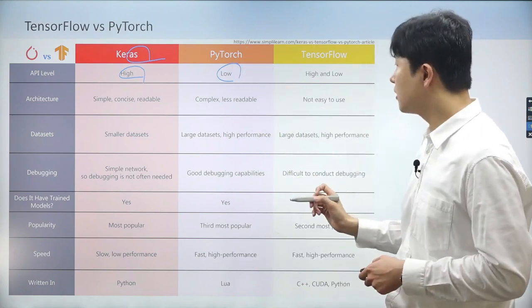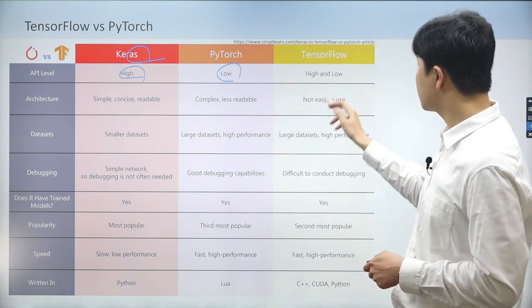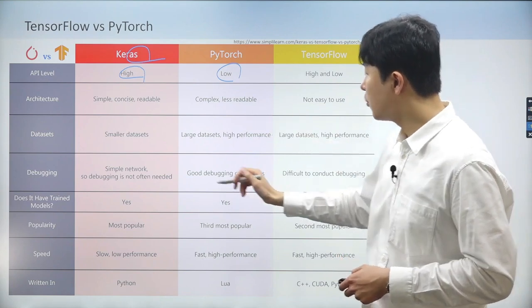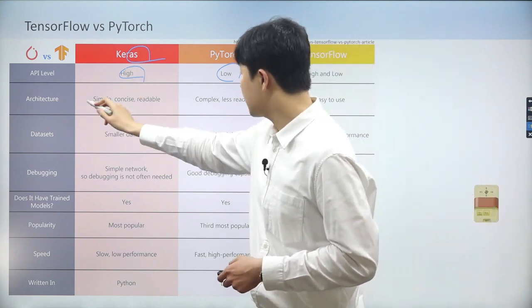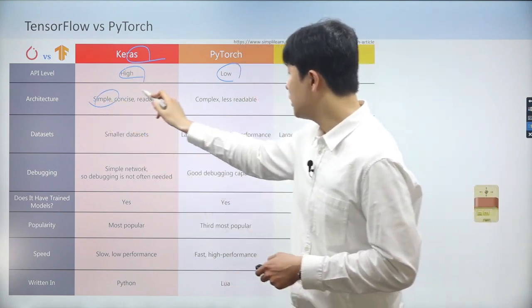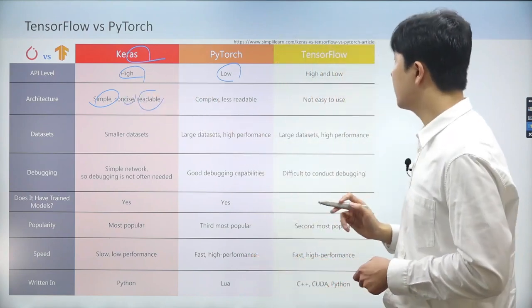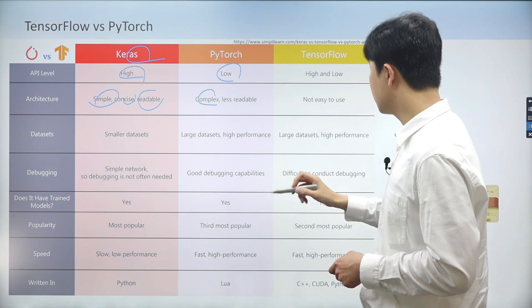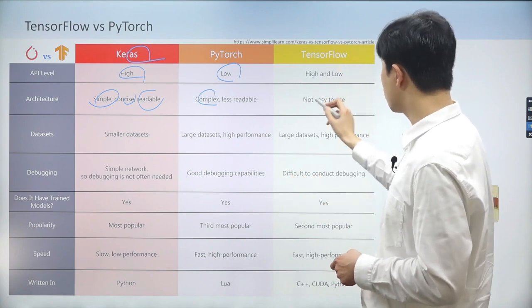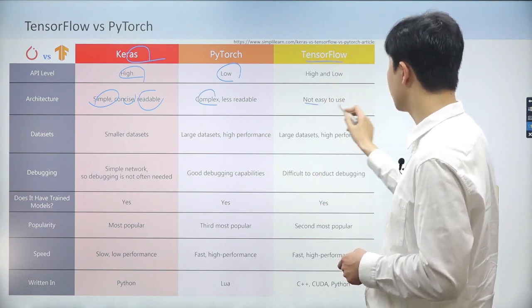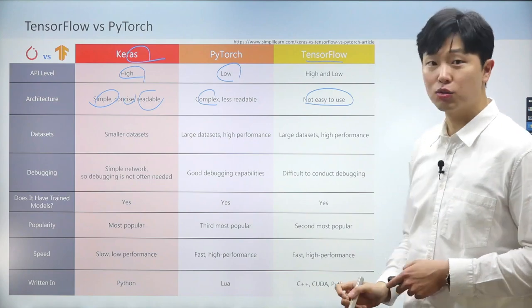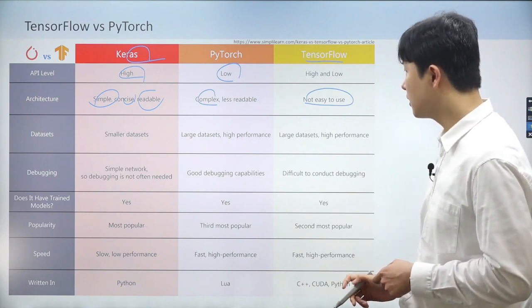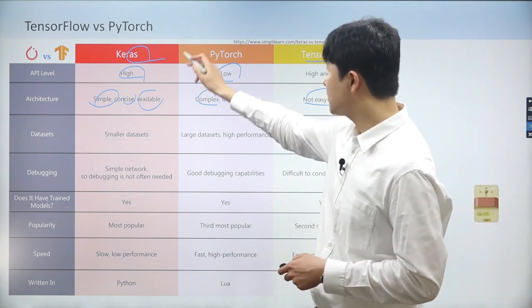From the improvements it has had over the years, in terms of architecture, Keras is the simplest, most concise, and readable, which means that it's basically the easiest one, whereas PyTorch is a little more complex and less readable than Keras. And to clarify, by TensorFlow here, we mean initial versions of TensorFlow, and it was not easy to use.